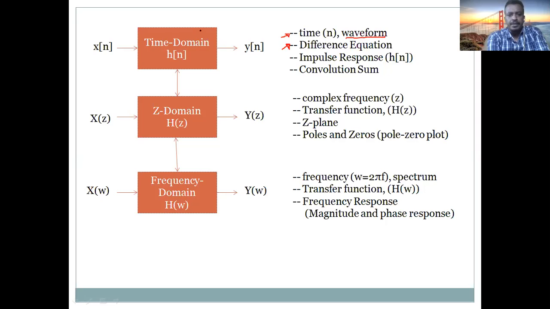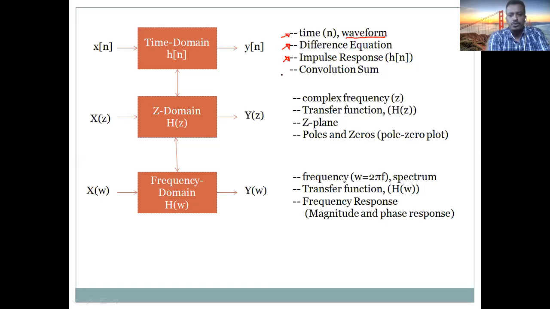The discrete time system is represented by a sequence called impulse response. We are discussing the time domain view of a discrete time system. So h of n is a sequence which represents the discrete time system in time domain.